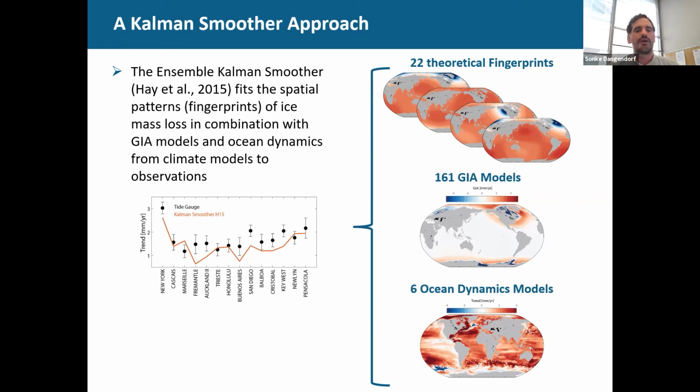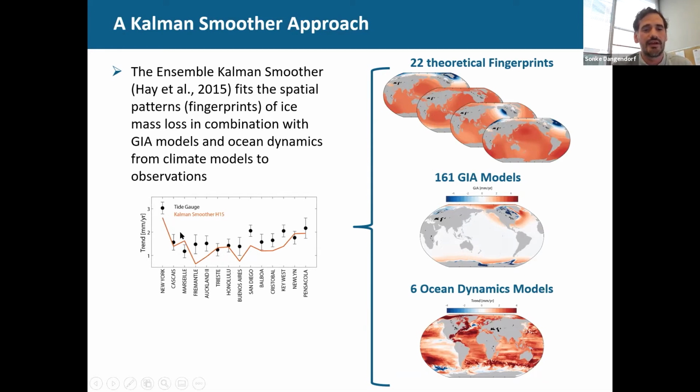With the Kalman Smoother, it's now possible to interpret these spatial differences and try to fit the different processes to the tide gauge data and reconstruct the entire surface of the ocean.